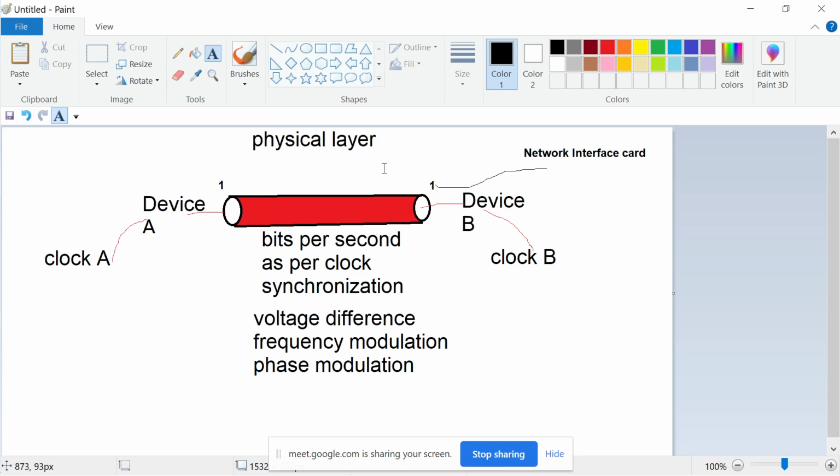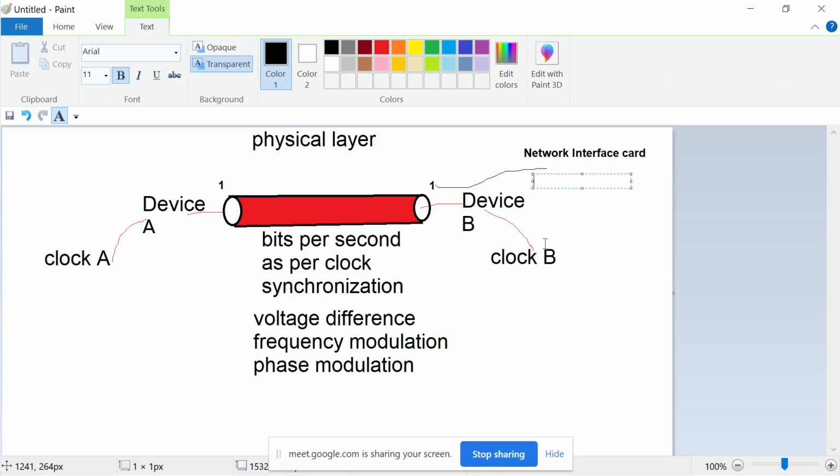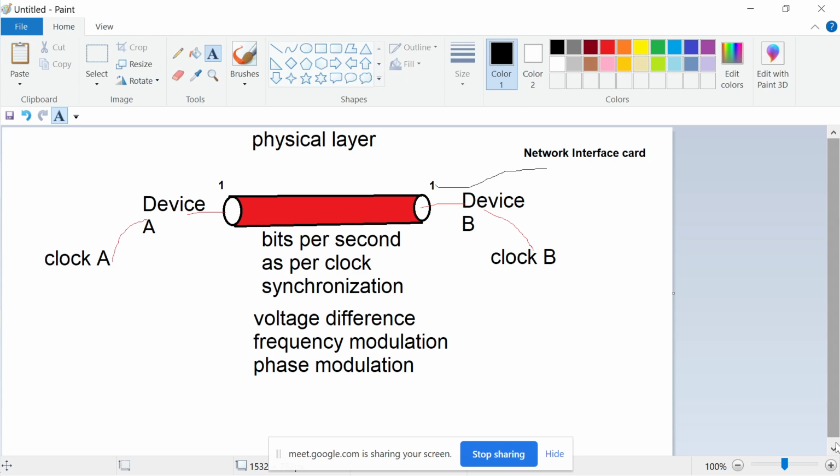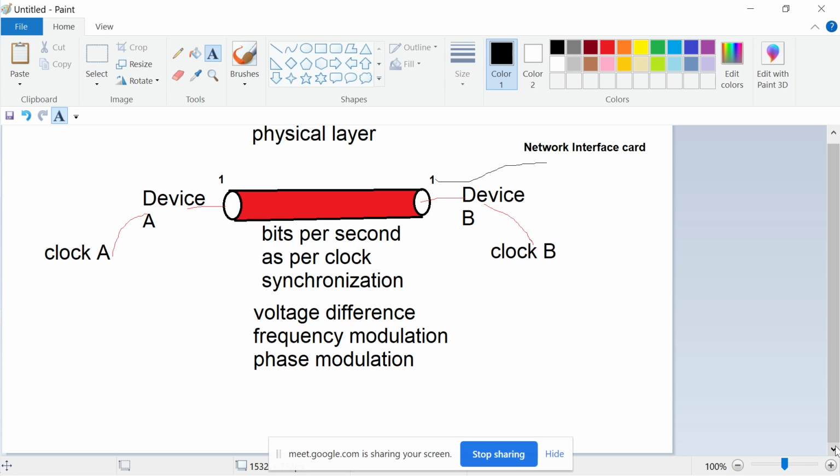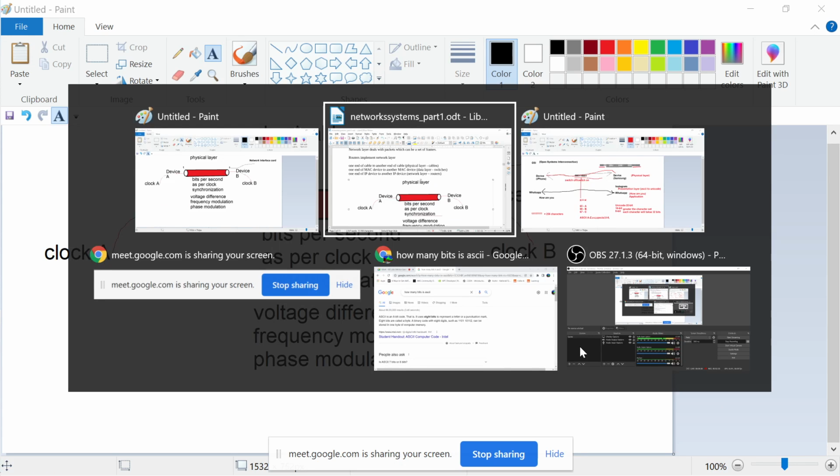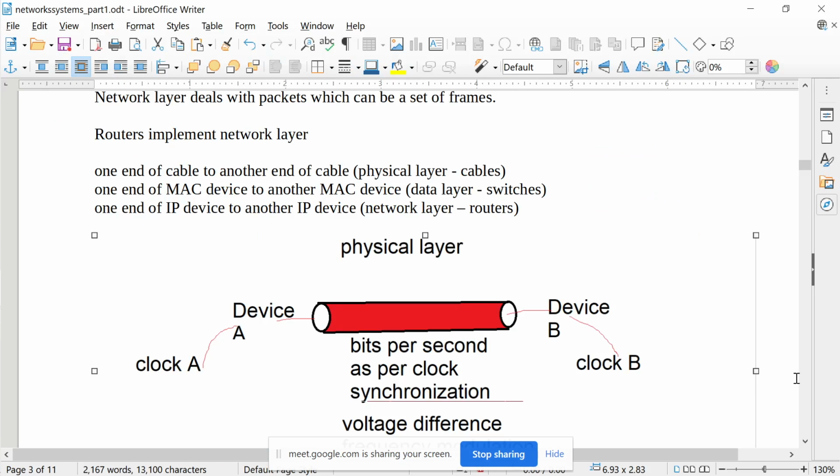So till then it is a cable, one cable endpoint to another cable endpoint. It is the physical layer. But the network interface card then has the job of taking the signals, these ones and zeros, and passing them on to the next layer. So let's see the next layer.